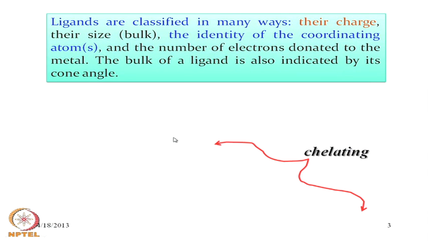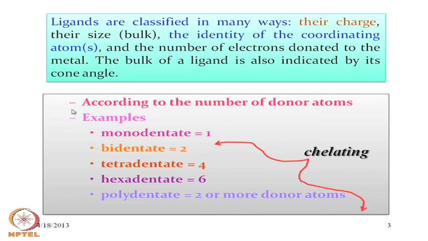In terms of chelation, we see the number of donor atoms from one point to the other. The monodentate ligand is not considered a chelating ligand, it is out of this particular list. Like water, ammonia, hydroxide ion, sulfide ion and all, they belong to this class.